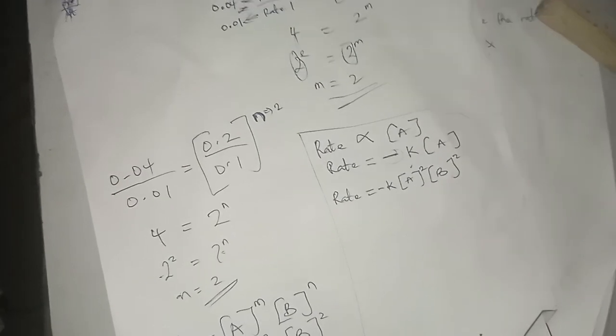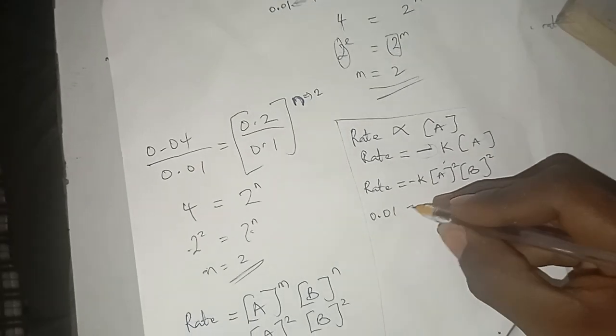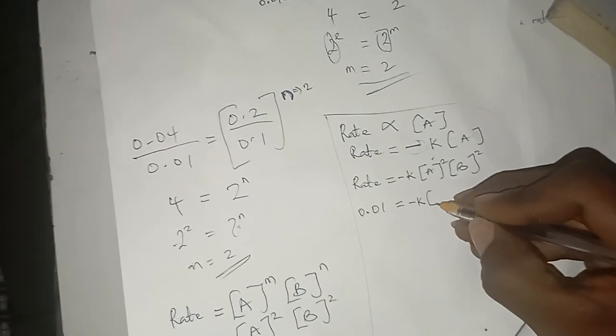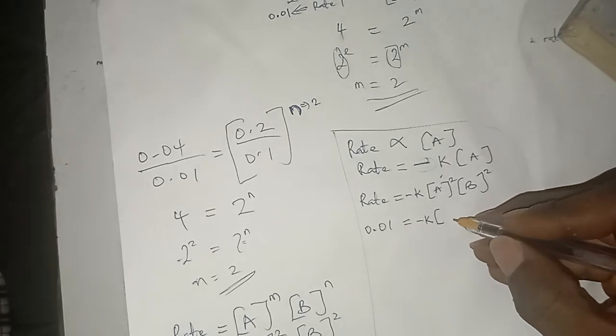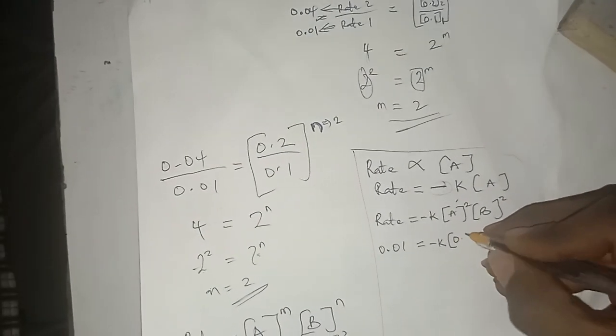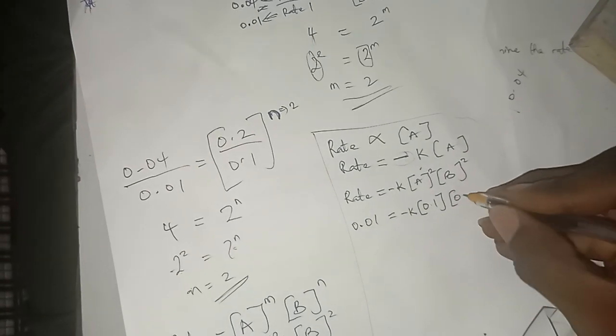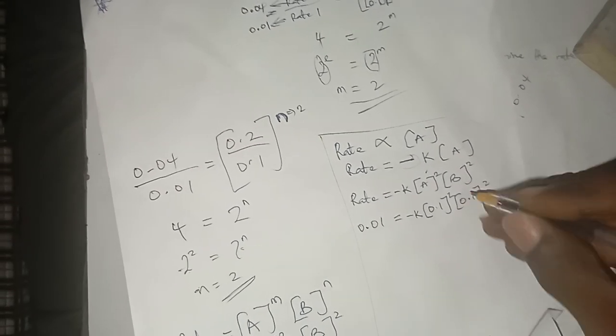Is it not true? Yes, it is. So the rate I'll use is this one: 0.01 equals minus K into A. I got the power to be 2, so A will simply be at this point 0.1. At this point B, I'm using the first experiment, B is also 0.1 raised to power 2.